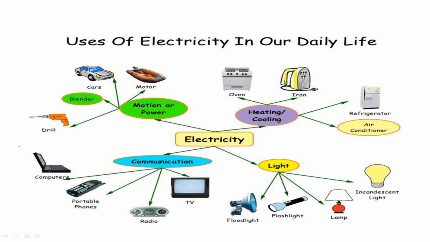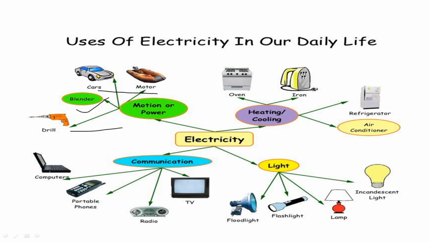So, uses of electricity. You see cars, motors, drill machines. These are used for motion or power. Blender means mixer, the mixer grinder that you use.